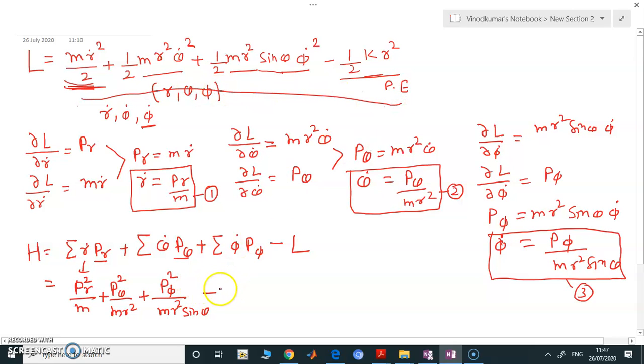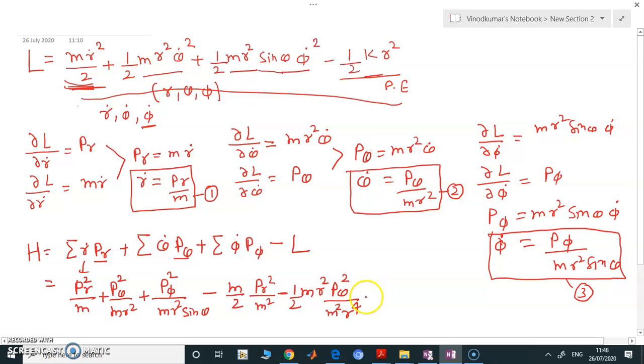First we put half m r square, so m by 2, and we put the value of r dot, which is P r square by m square. The second term of the Lagrangian is 1/2 m r square, and here we put the value of theta dot, which is p theta square divided by m square r to the power 4.